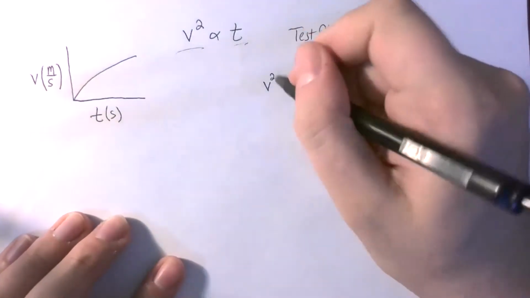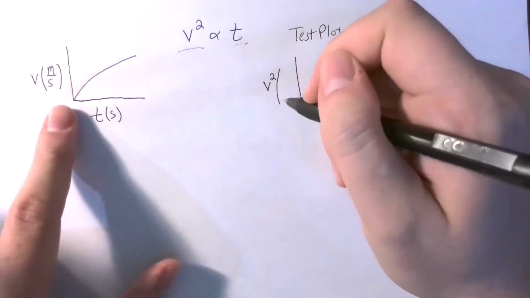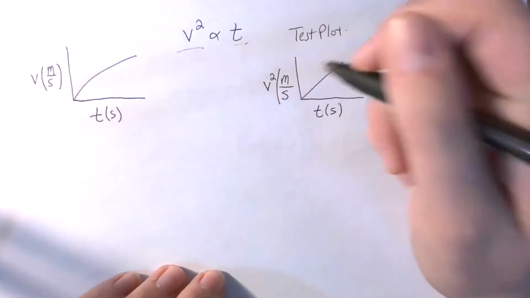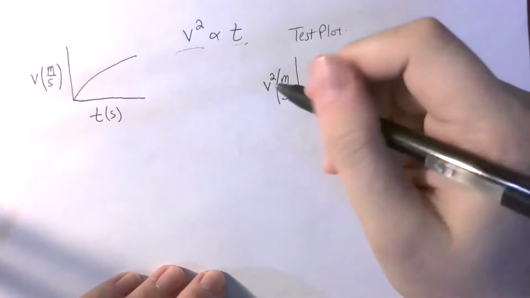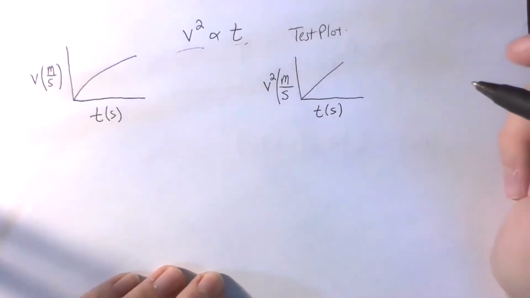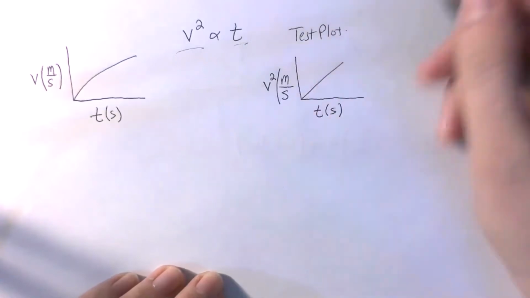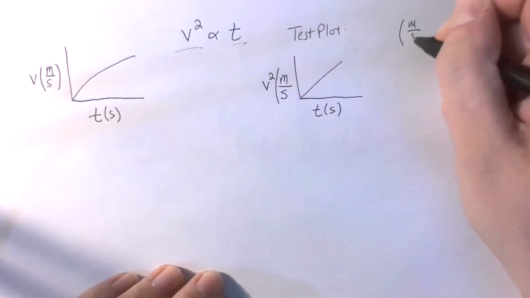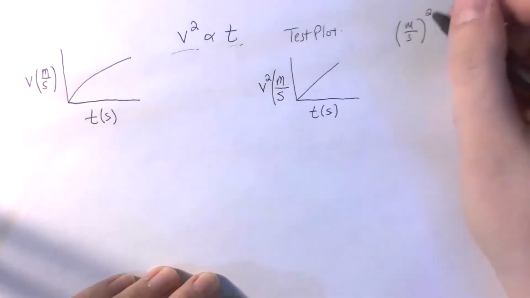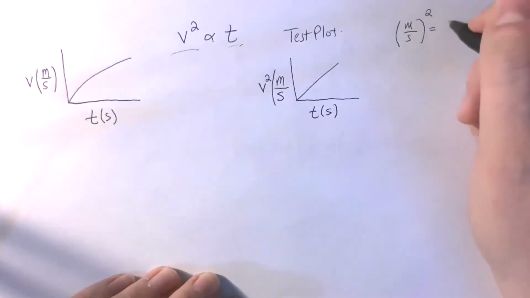And what we do to the variable, we also do to its units. So if I had meters over seconds, then I want to square the meters over seconds. Quick note about that: if I square meters per second like this, the square distributes to both the top and the bottom.